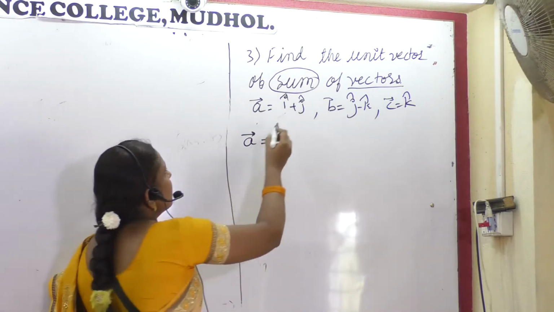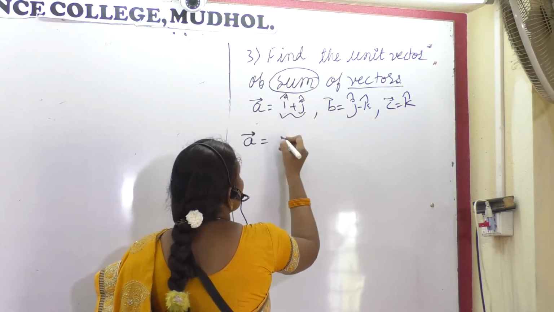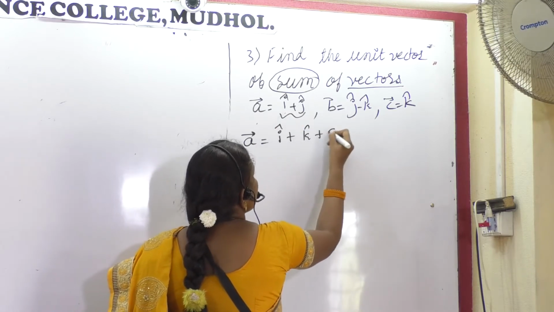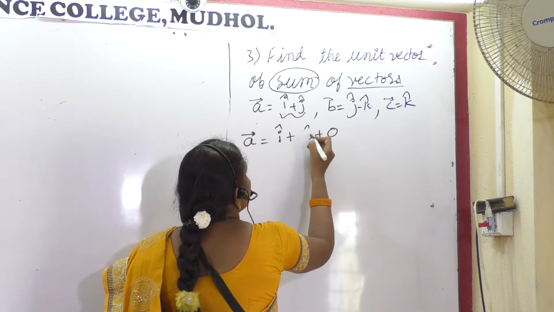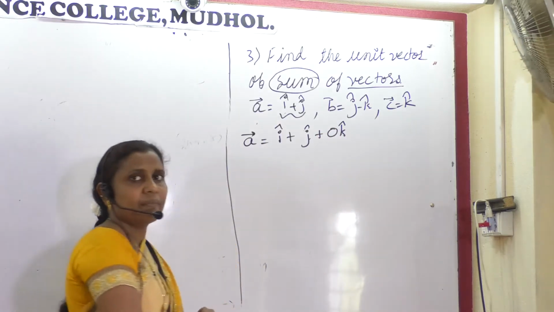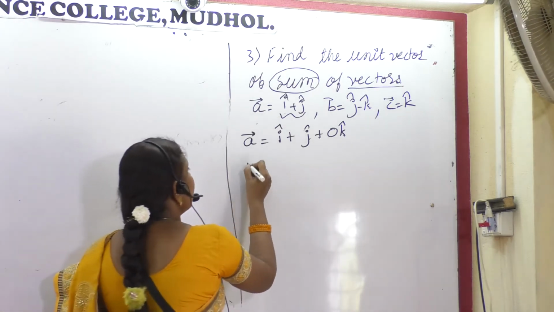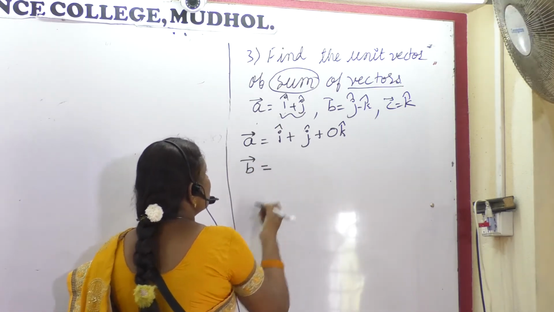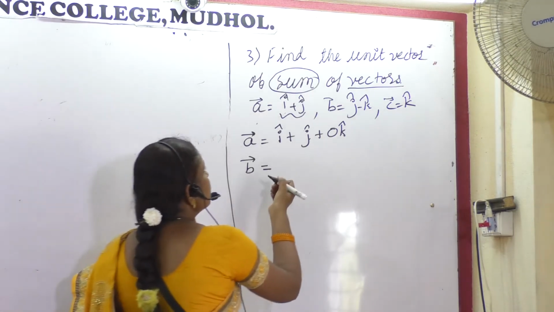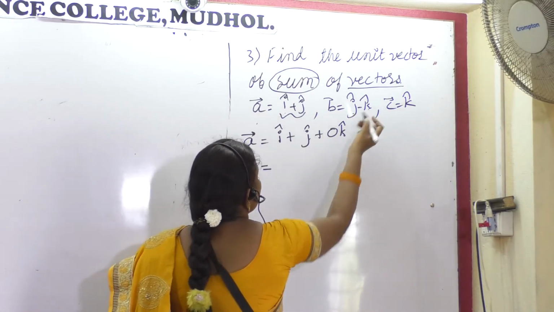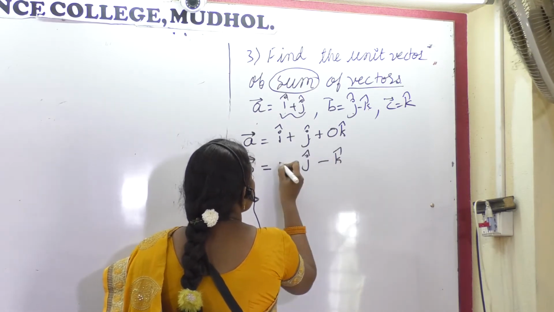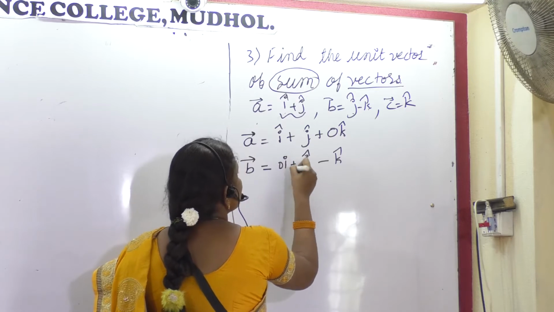You can observe here i and j, k is not given. So let me make its existence by writing the coefficient as 0. Will this be okay? So let us make it in correct format so that we do not get a wrong simplification with the sum of the vectors. j minus k, j minus k, i is not given, so 0i you can say.